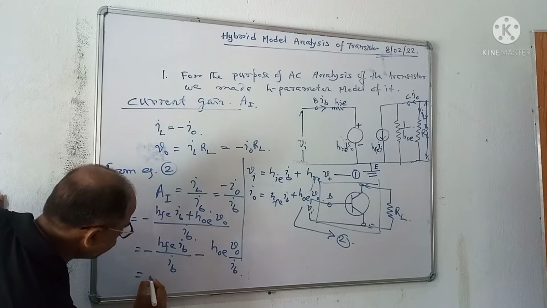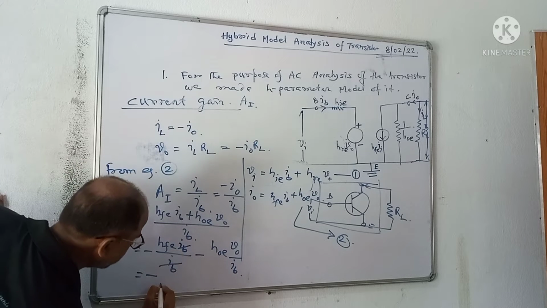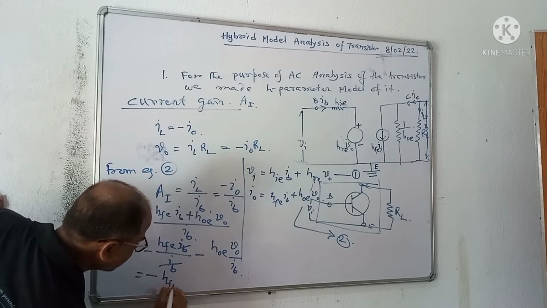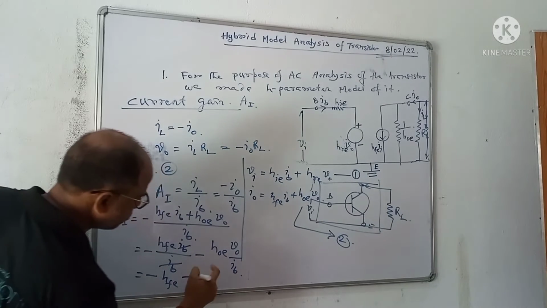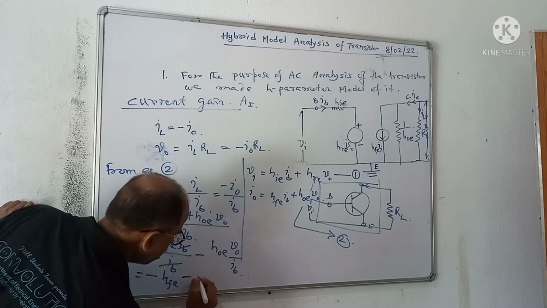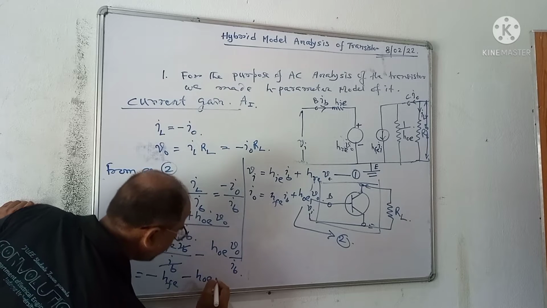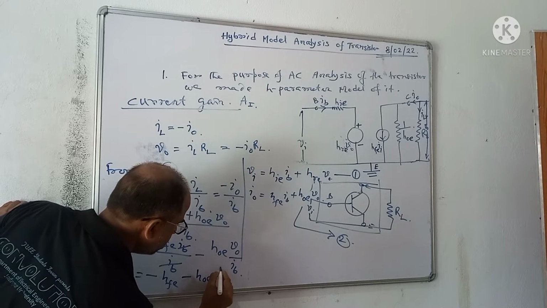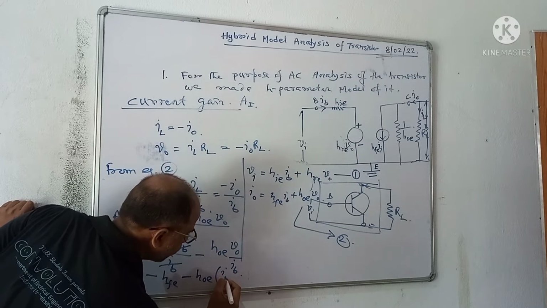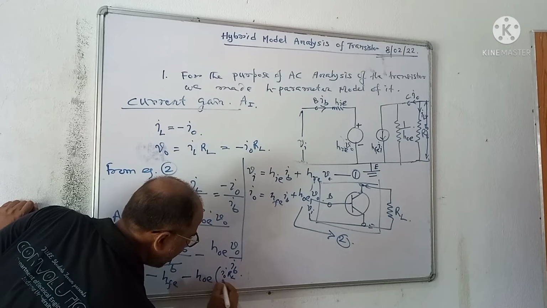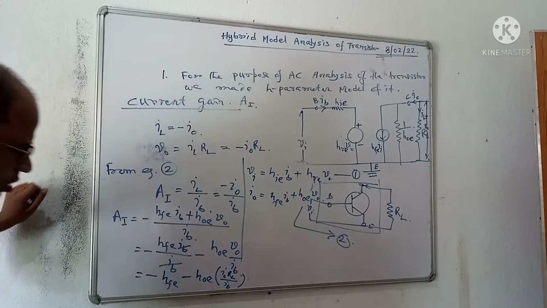Therefore, IB cancels out, minus HFE minus HOE into V0 by IB, which is equal to minus I0 into RL by IB.